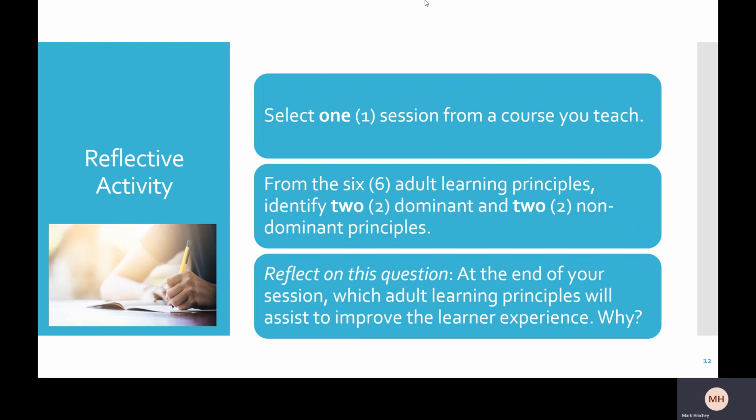What I want you to do, whether you're looking at that session or visualizing that session and leaning into it, is from the 6 adult learning principles, identify 2 dominant and 2 non-dominant principles.